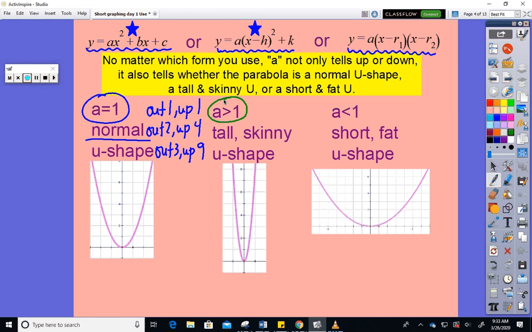If A is less than 1, so if A is like 1/2 or 1/3 or 1/4, or if A is negative 1/2, negative 1/3, negative 1/4, those would just be upside down. But you're going to wind up counting in such a way that your parabola is short and fat. All right.